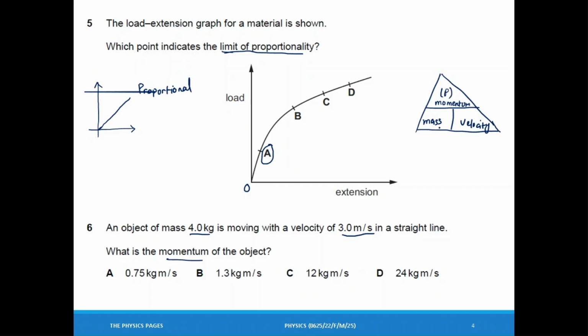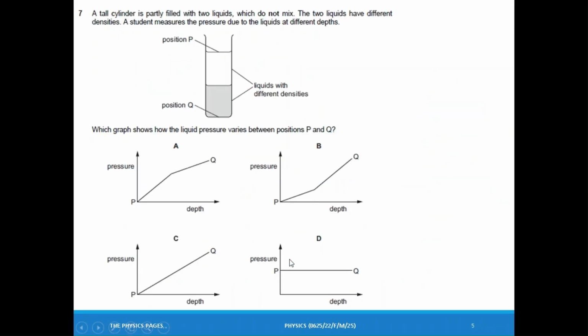Momentum is usually represented by P, mass by M, and velocity by V. Momentum is a vector quantity, velocity is a vector quantity, both have direction. So mass is 4.0 times velocity is 3.0. We can simplify it to 12 kilogram meter per second is the unit. So our choice should be number 6.